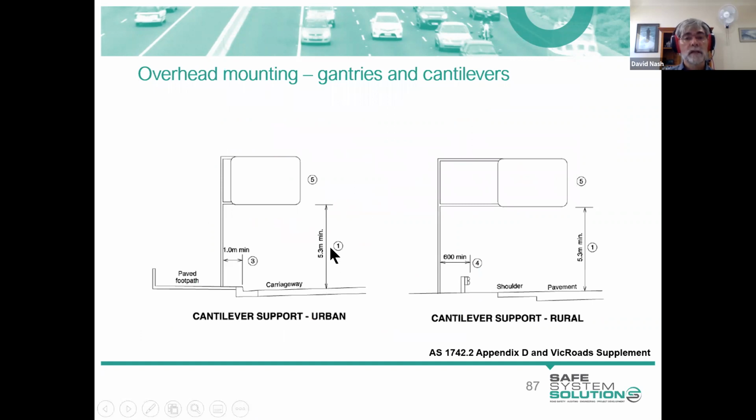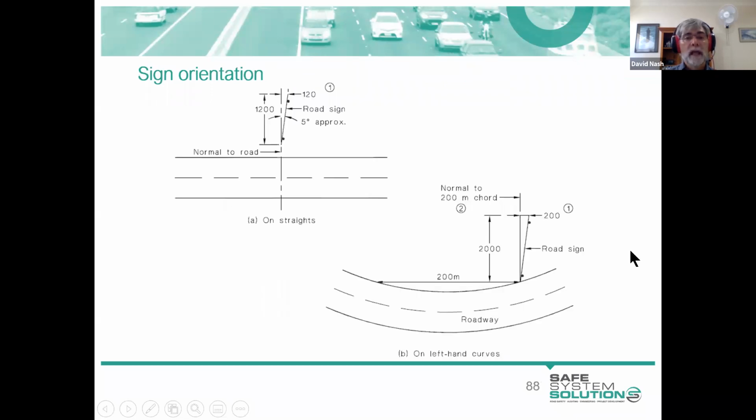Overhead mounted signs need to have a clearance of at least 5.3 metres to the road surface. So that's pretty clear. And the sign orientation, this is a bit of a subtlety, but it's recommended that the signs be placed about 5 degrees away from normal to the road, if it's a straight road.